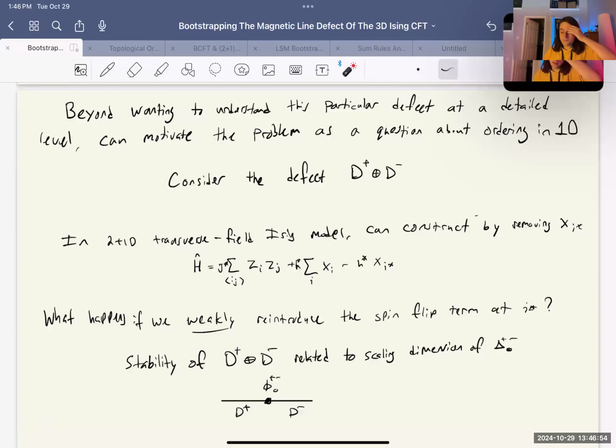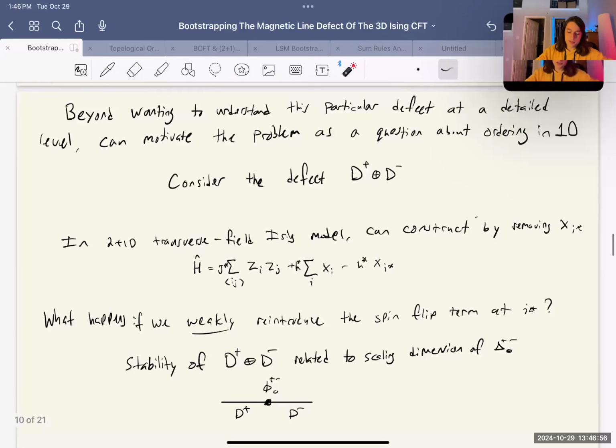But I do want to introduce this more physical problem, beyond the technical challenge of finding all these numbers, which is the question of whether you can have ordering of a Z2 symmetry on a line if I embed the line in some higher dimensional bulk gapless system, like a CFT.